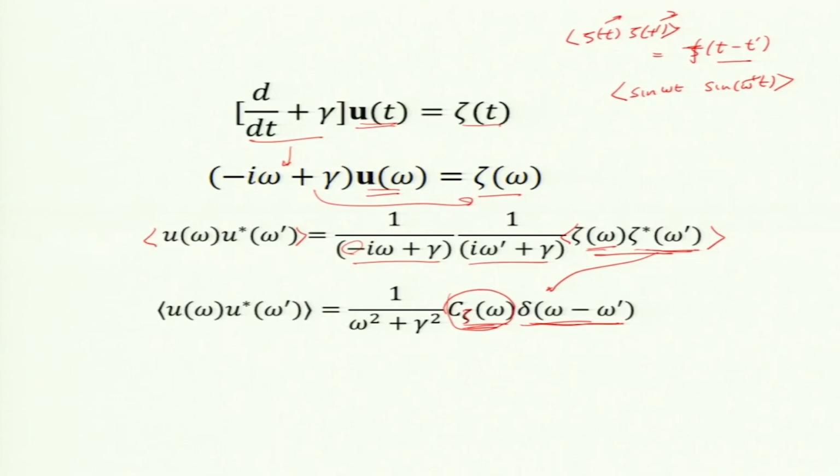So, the frequency must be the same for it to be non-zero, and if it is the same, then it becomes mod zeta squared. So, this is mod zeta squared and this is the delta function.